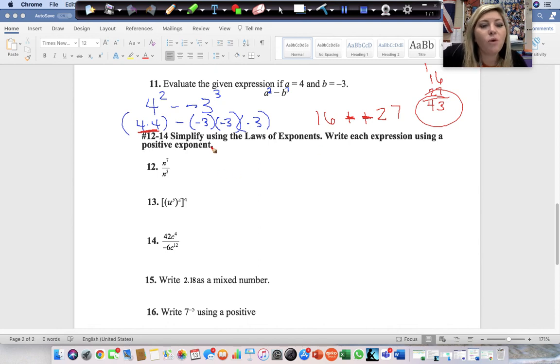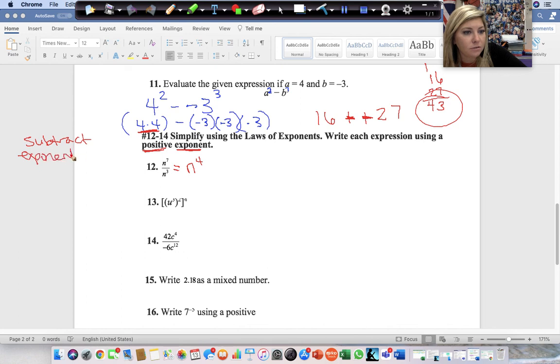Okay, so for 12 to 14, simplify using the laws of exponents. Write each expression using a positive exponent. Okay, so n to the 7th power divided by n to the 3rd power gives us n to the 4th power. Remember, we subtract exponents when dividing exponents with the same base.